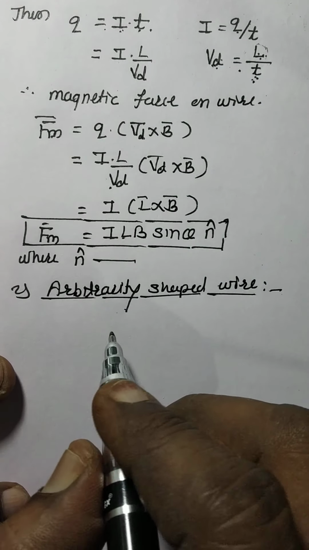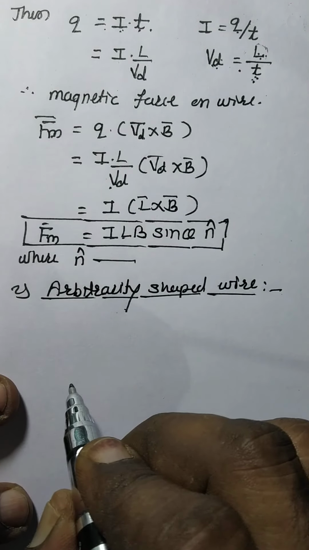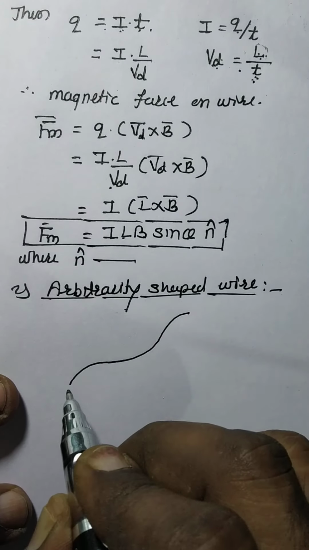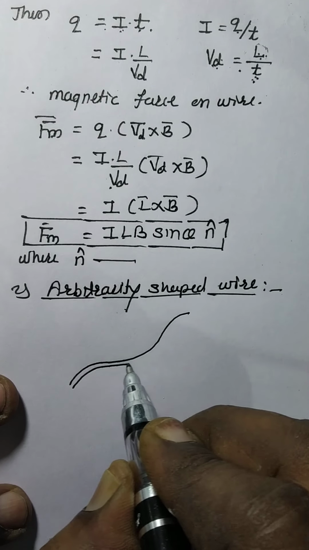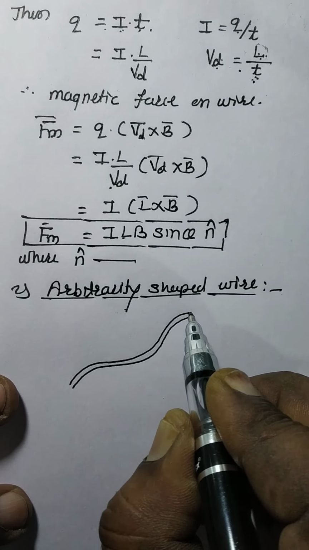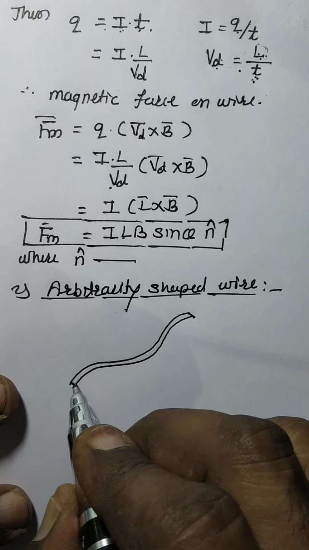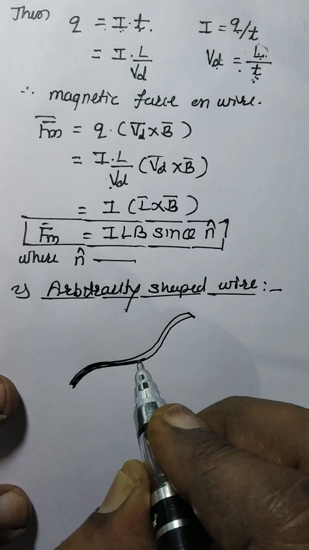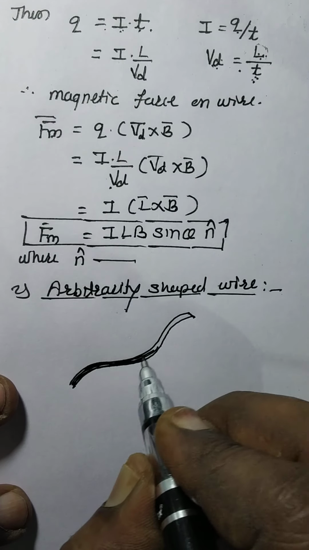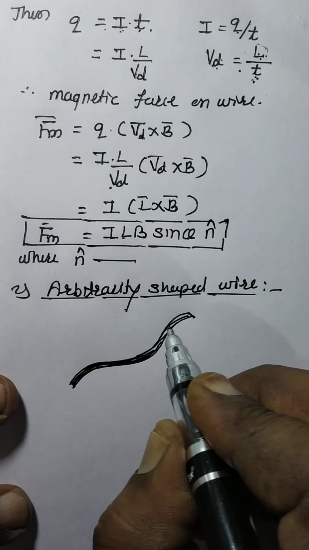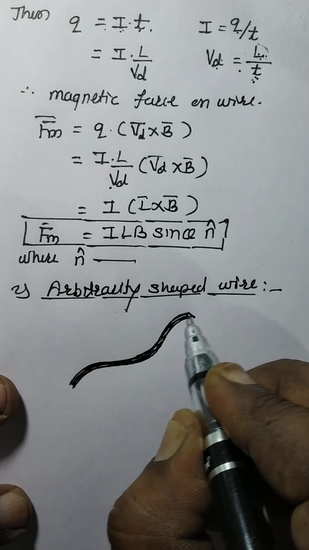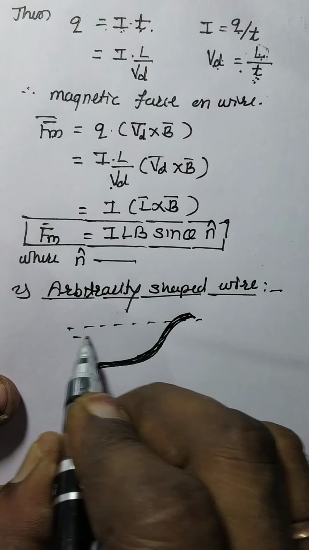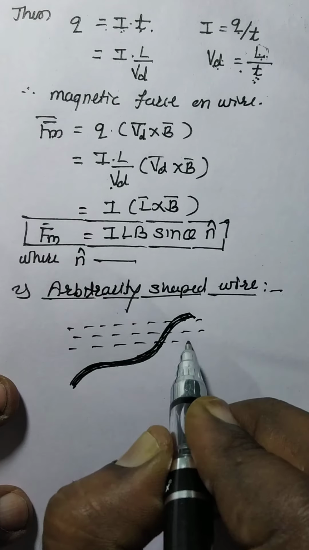Consider an arbitrary shaped wire carrying current I, like this, placed in a uniform external magnetic field like this.